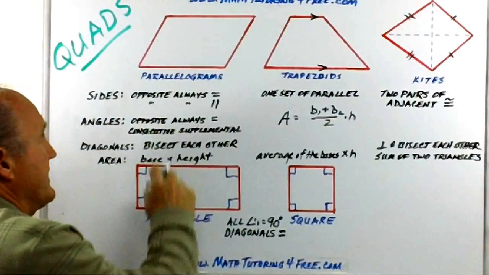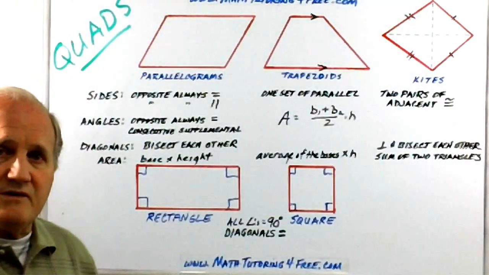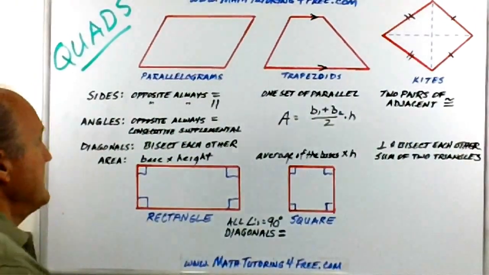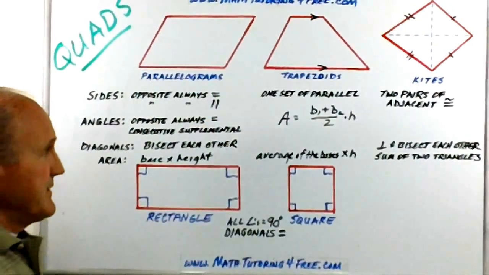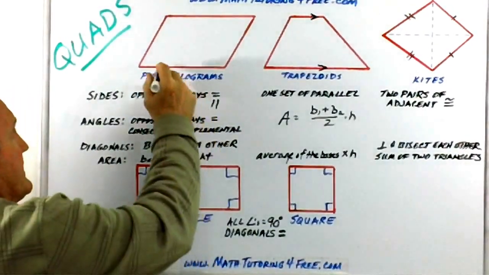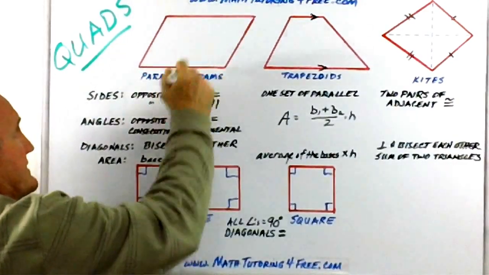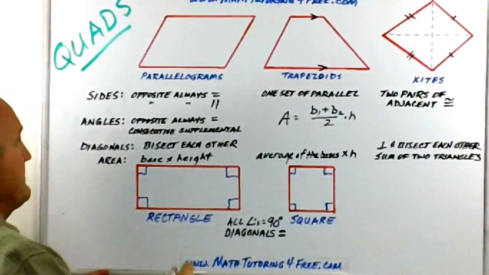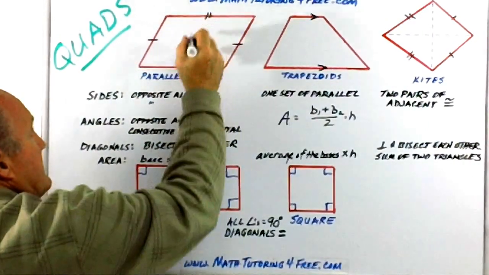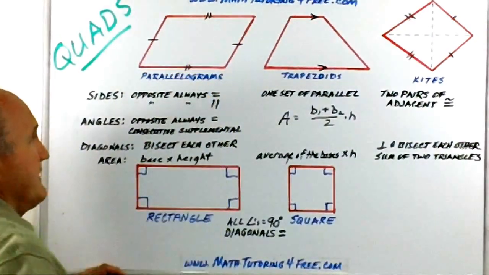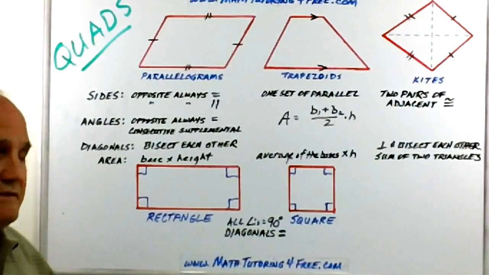Now with parallelograms, first of all, there are two pairs of parallel sides, and the opposite sides are also always equal. So we would indicate that with one or two hash marks. That shows that the opposite sides are equal.